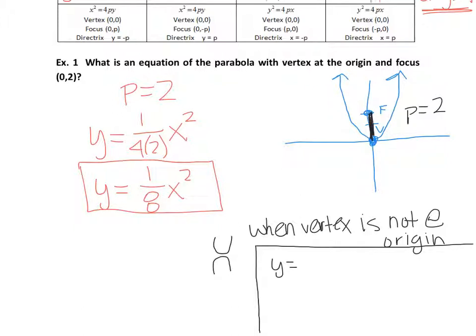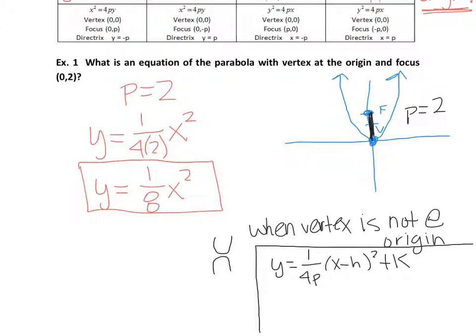y equals 1 over 4p times x minus h squared plus k. You can remember from the few times before when we've talked about vertex form, h and k are my vertex.